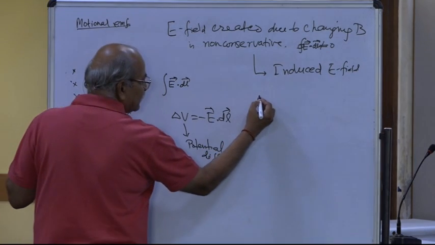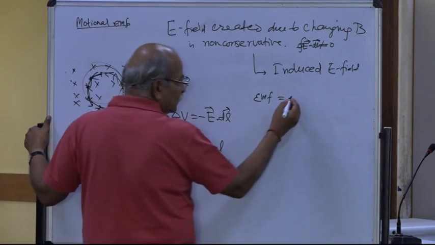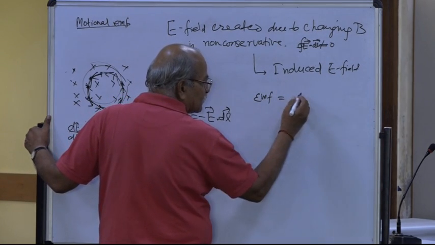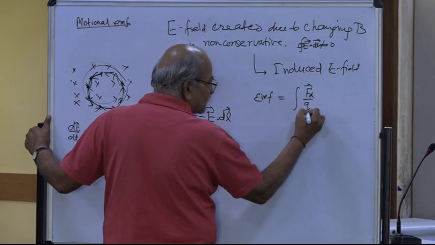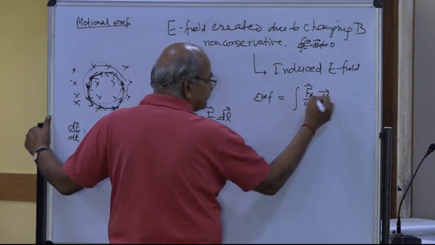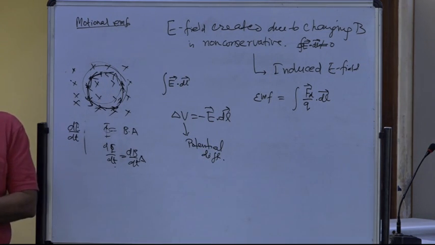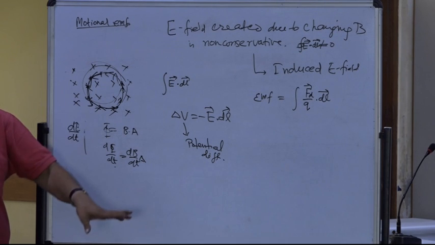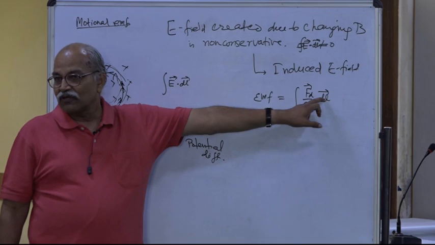The EMF, by the way, this EMF is defined in a loop or in a segment also. It is defined by the driving force per unit charge dot dl. Correct. For battery also, or any motional EMF. The EMF is defined by the driving force per unit charge dot dl.